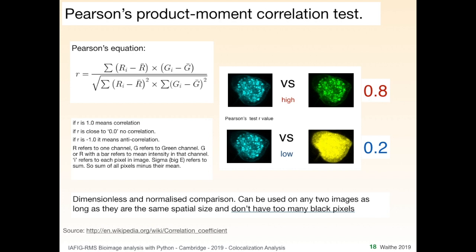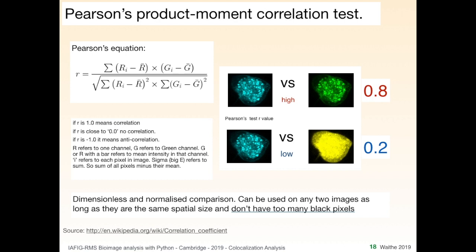And then we've just got dextran dye in the cell as well. And you can see when we compare these 2, visually they look very similar. And the Pearson's equation gives an output of 0.8, which is close to 1. And here, where they're not very similar, we get a correlation value, a rho, as it's also known, which is much closer to 0.2. And so I'll go through what that means.